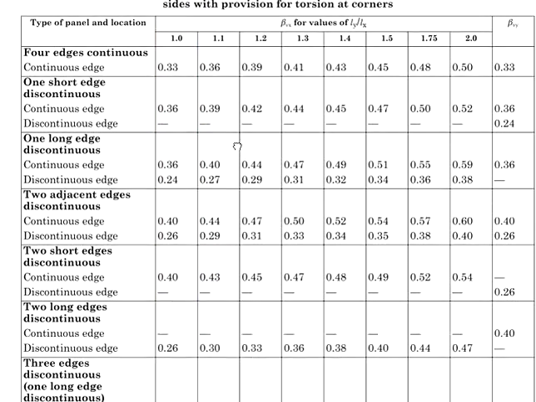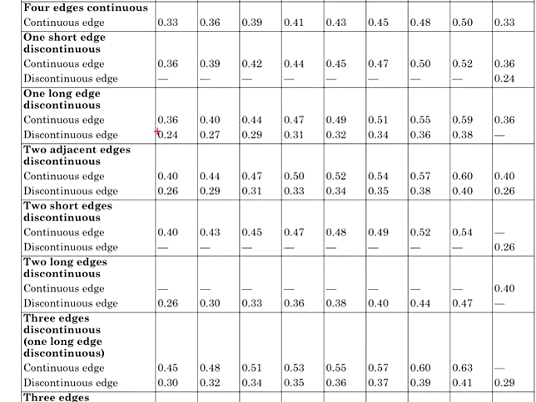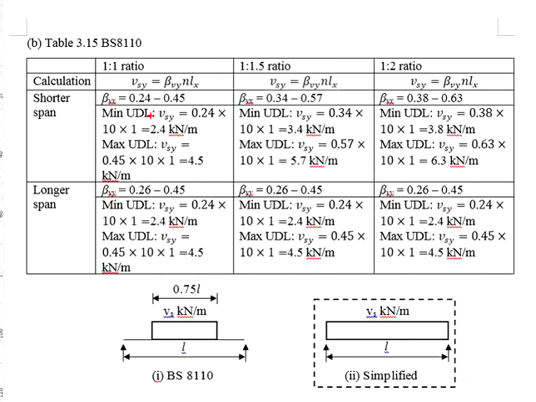From the column here, we found that the smallest number is 0.24 and the largest number is 0.45. Now you may use these ratios to determine the minimum UDL and the maximum UDL. Use the formulas given in the British Standard.